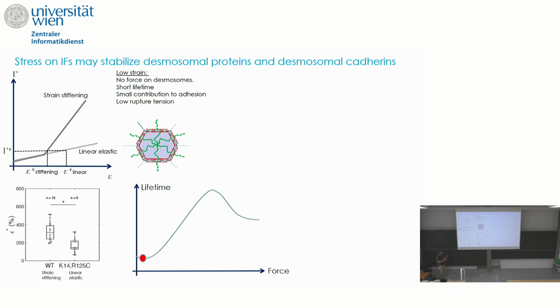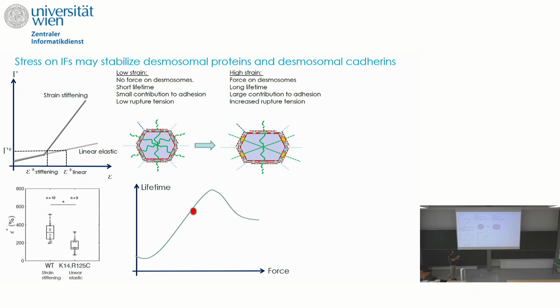So thinking about that, then at low strain, we'd have no force on the desmosomes, so they'd have a short lifetime. Because they've got a short lifetime, they'd make a small contribution to adhesion, and so we'd have a low rupture tension. And if you apply some strain, now you're applying force onto some of the desmosomes, their lifetime increases, they would make a larger contribution to adhesion, and then you'd have an increased rupture tension.